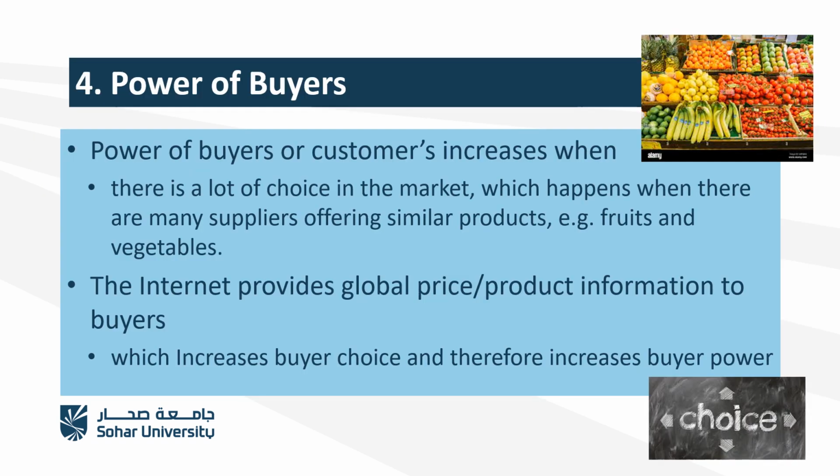Now, number 4. It is about the power of buyers or customers. It increases when there's a lot of choice in the market, which happens when there are many suppliers offering similar products. In this case, we take an example of fruits and vegetables. So there is a lot of choice in fruits and vegetables. The internet provides global price and product information to buyers, which increases buyer choice and therefore increases buyer power.